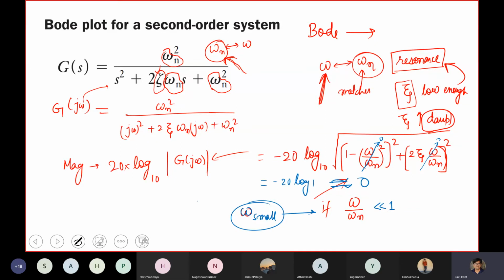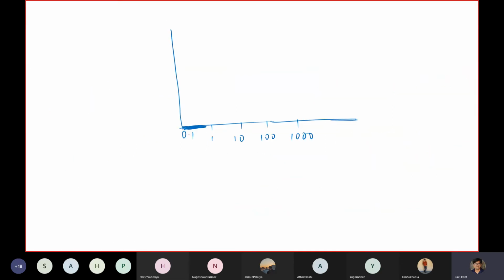So here also we see that the plot starts with 0, and it will be 0 until we hit ωn. Let's suppose my natural frequency ωn is 1 radian per second. So at 1, what will happen? Let's see.